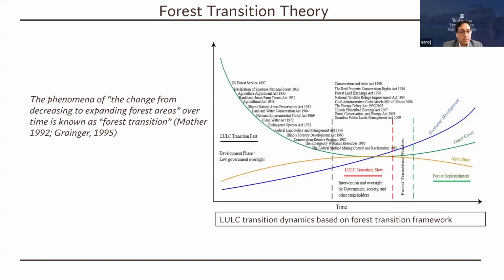Based on that theory, a framework was developed as shown in the figure, where fast transition occurs during the early development phase, slows down when intervened by different actors and policies, and ultimately forest recovers, or it has a trade-off relationship with other land use types such as agriculture or urban area.